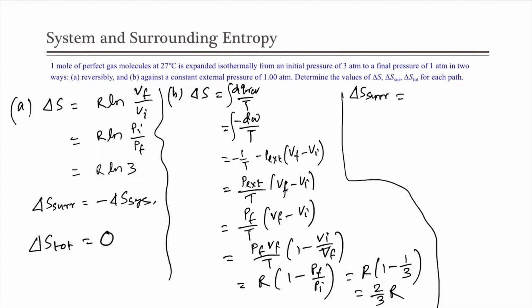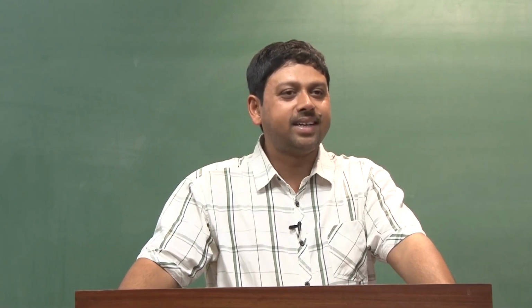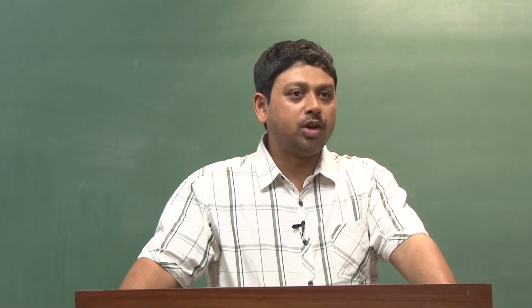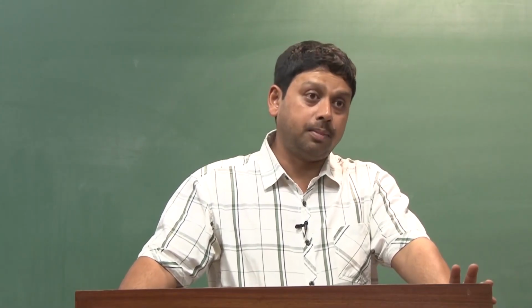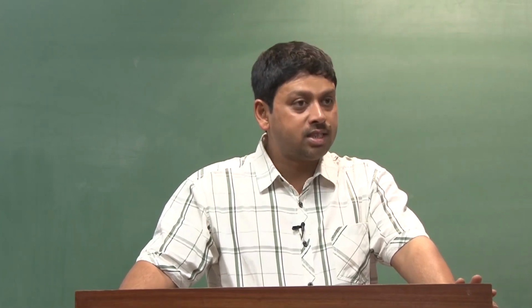See, I said that B is at a constant external pressure, and I calculated the changes this way at a constant pressure, but will that be the system's entropy? Correct. So, it cannot be the system's entropy, because even if the process is happening irreversibly, to calculate the entropy of the system we have to always choose a reversible path.